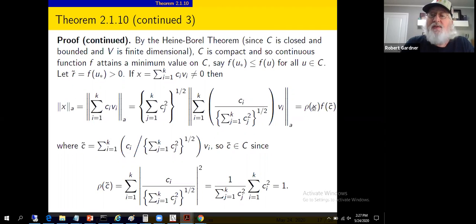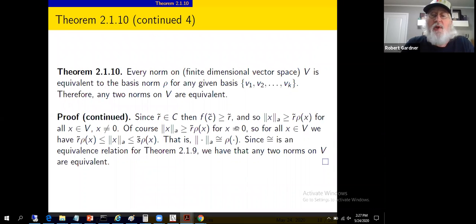There's the rho of x stuff. We wanted, that would work if this is a constant, but it maybe isn't. We're going to find an R tilde, and we're going to get A norm of x is greater than or equal to R tilde rho of x. Maybe more appropriately, R tilde rho of x is less than or equal to the A norm of x.